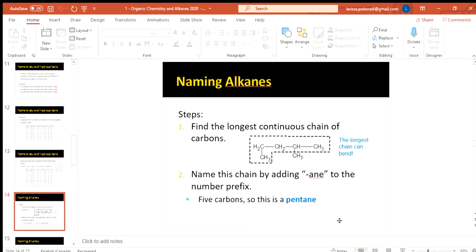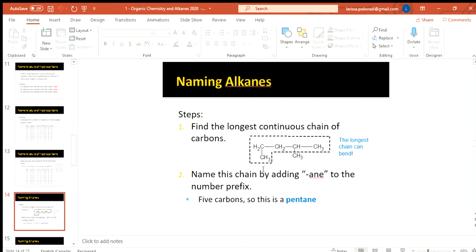Cool. We're going to figure out how to name this molecule. So it's kind of cheated already because I've got step 1 kind of told to us already with this marked line around it. So step one is to find our main chain, which is the longest continuous chain. That doesn't mean that it has to just be a straight line. It can bend.